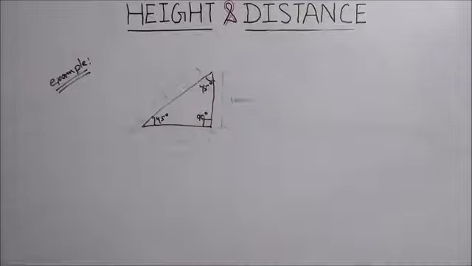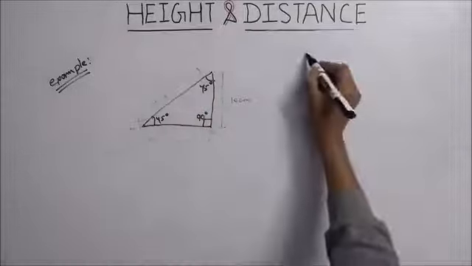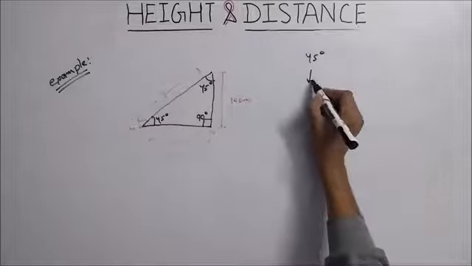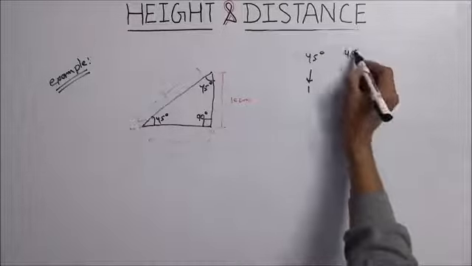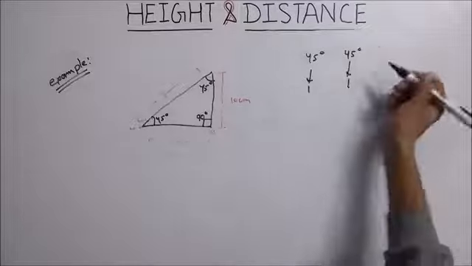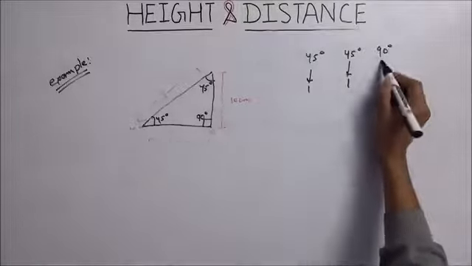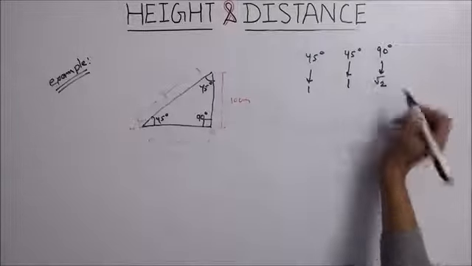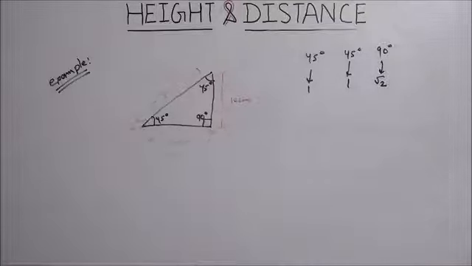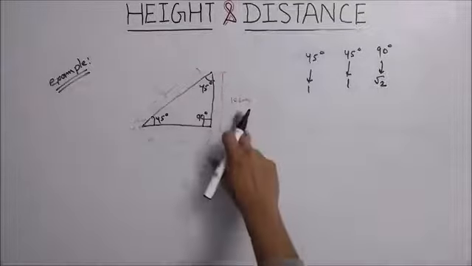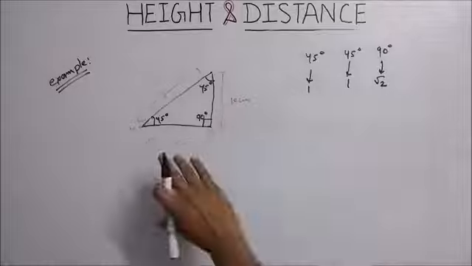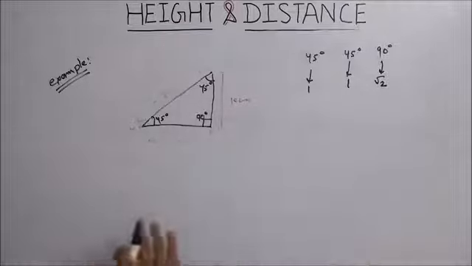Again, for this you have to remember the value of 45 degree: 1. 45 degree is 1, and 90 degree is root 2. Now we interrelate as we did in the previous question.